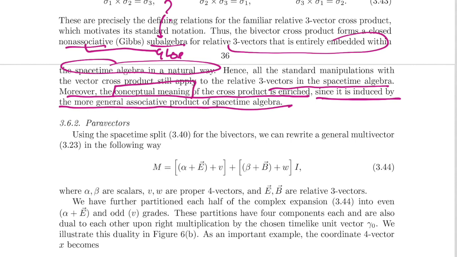I certainly understand how the cross product picked up this definition and how the definition works and why it creates this embedded subalgebra. I don't suddenly feel like I understand the cross product in some new and better way due to this, but hey, it's definitely fascinating enough just as it is. So that's all great.